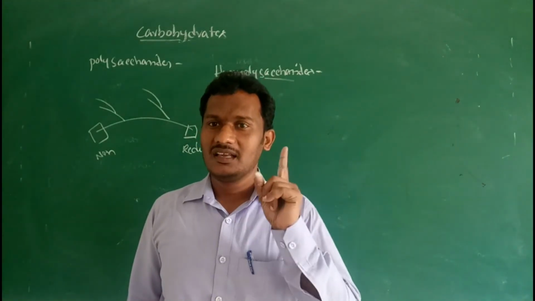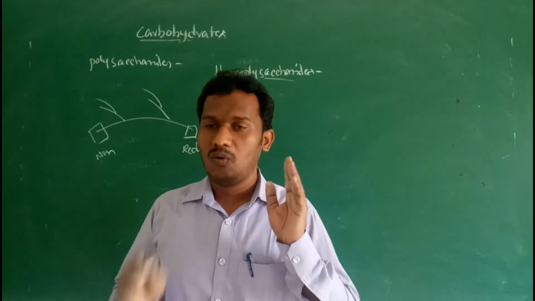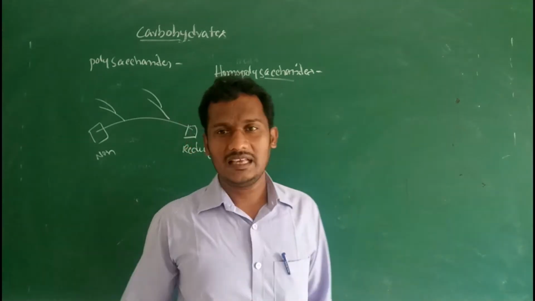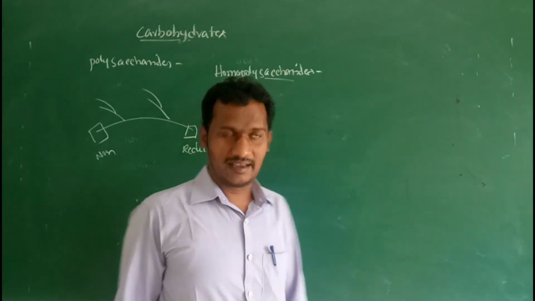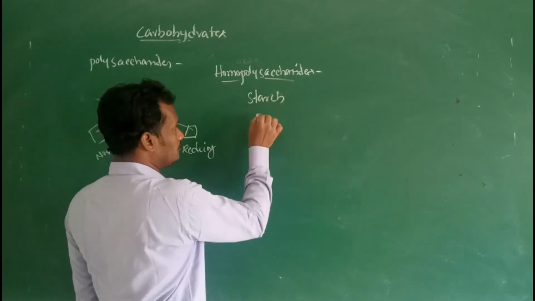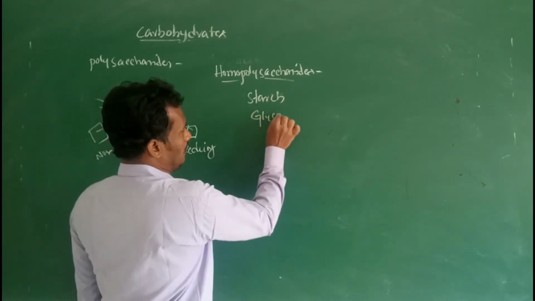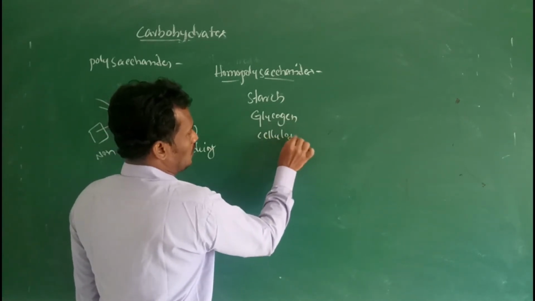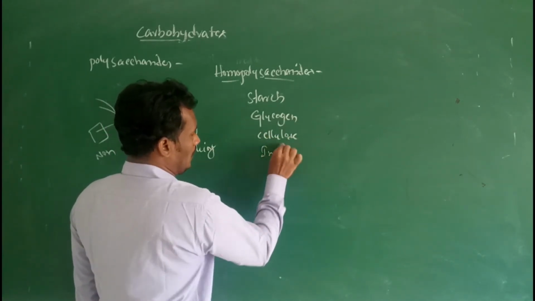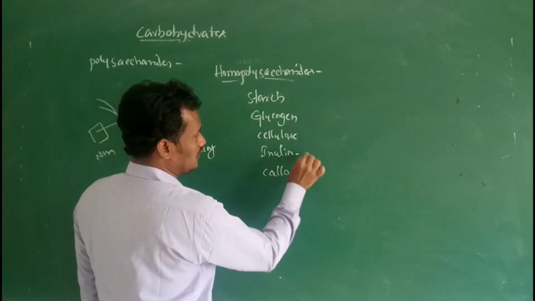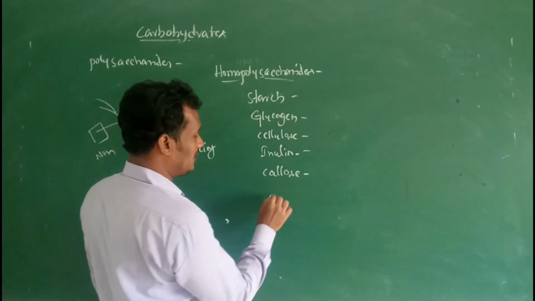Homopolysaccharides contain the same type, or one type, of monosaccharide. Examples: starch, glycogen, cellulose, inulin, callose.